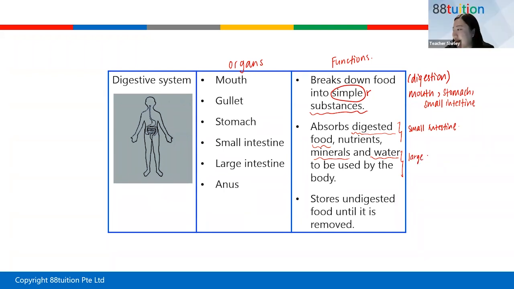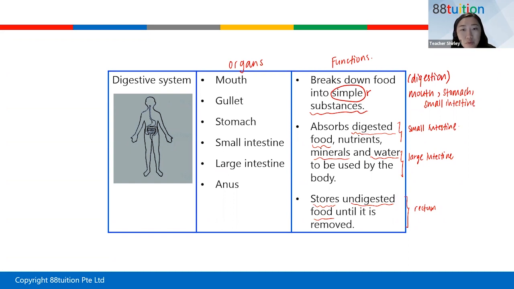So absorption of water and minerals happens in the large intestine. Lastly, the place where undigested food is stored until it's removed is called the rectum. It's good to know that the undigested food will be stored until it is excreted, that is, removed. So this table here basically sums up the digestive system.